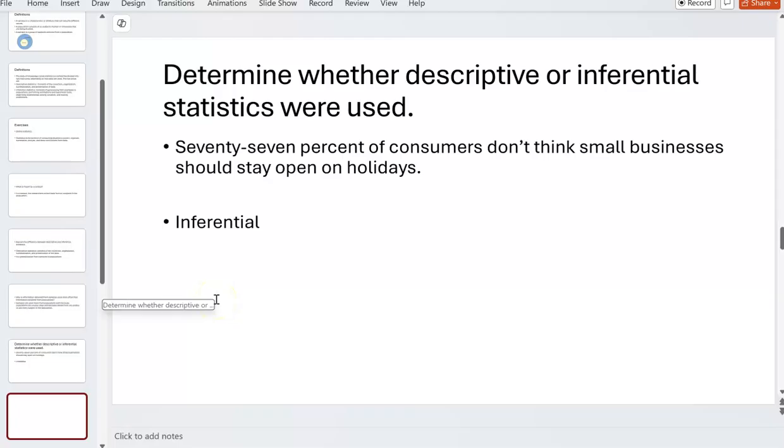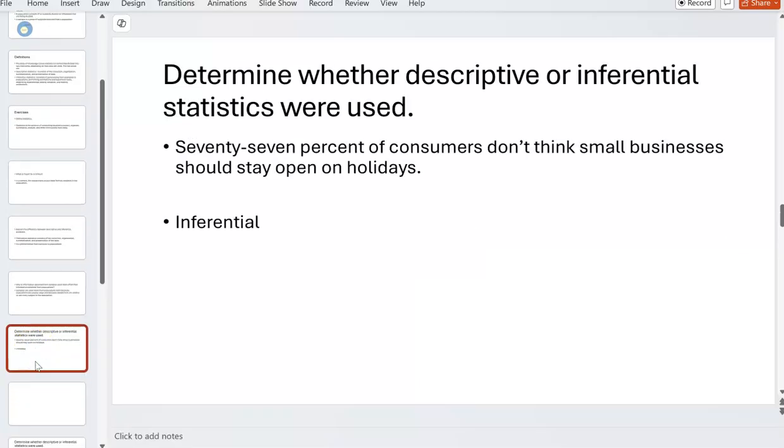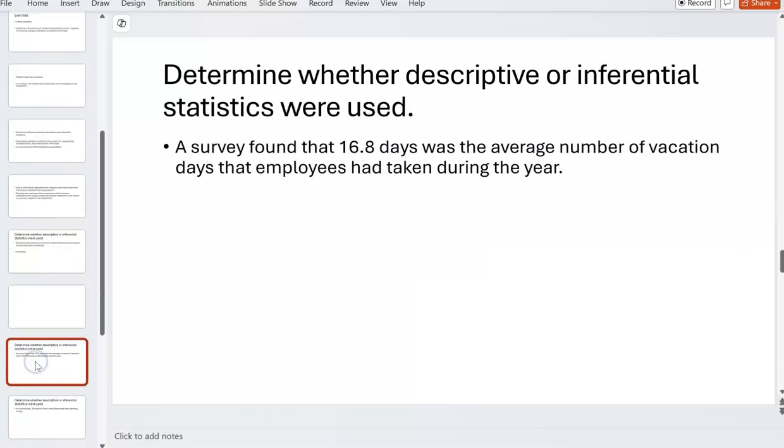All right, for the next one. A survey found that 16.8 days was the average number of vacation days that employees had taken during the year. This one would be descriptive because we're able to say 16.8 days was the average number.